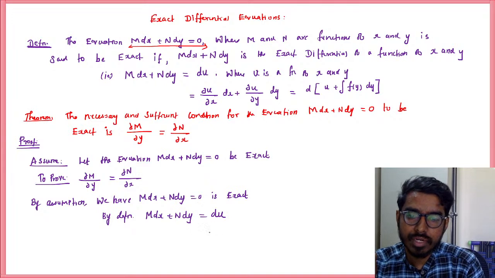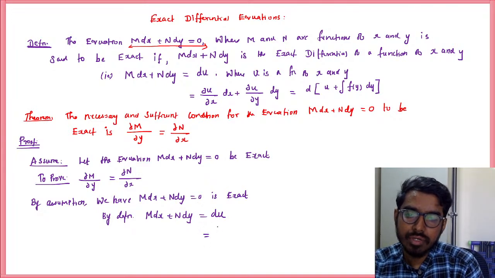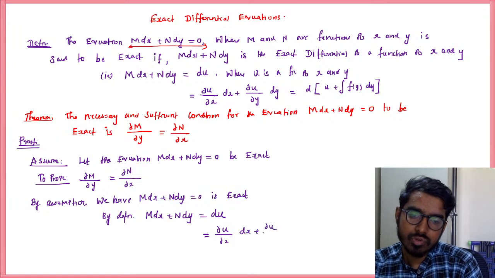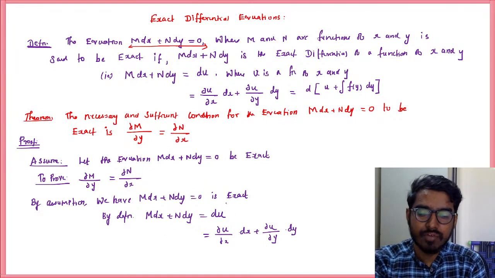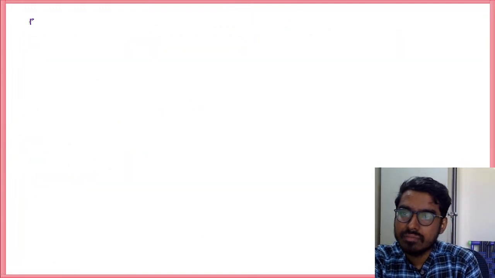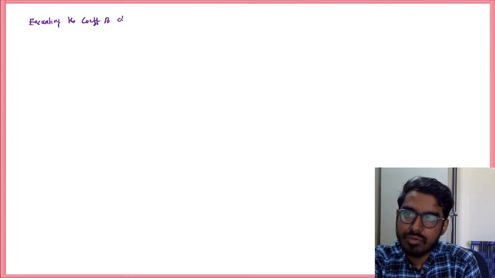By definition we know this, and we know what du is. du is dou u by dou x into dx plus dou u by dou y into dy. Now equating the coefficient of dx and dy.